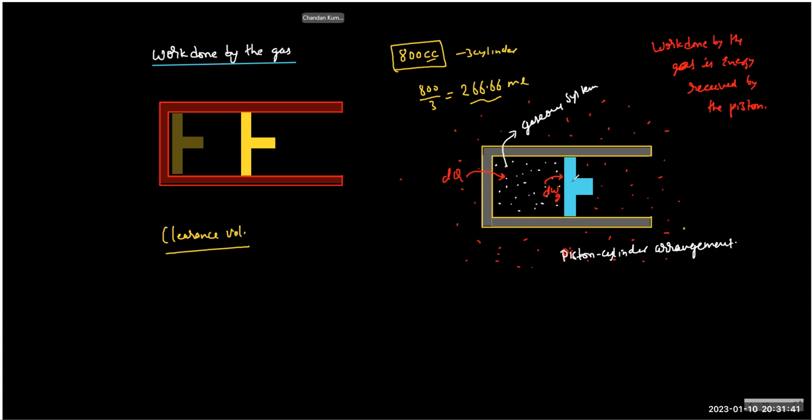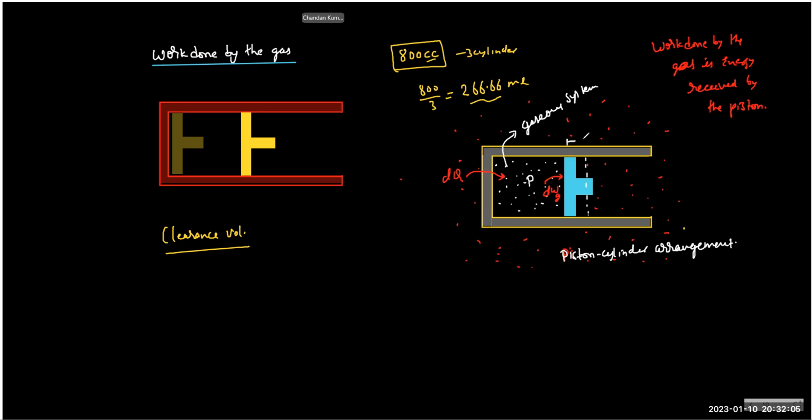See, the gas will have some pressure P. So we assume that, let's say, this is the equilibrium pressure. And as the piston goes away, the pressure may change. But for an elementary displacement, can we take that pressure to be almost constant? Yes.